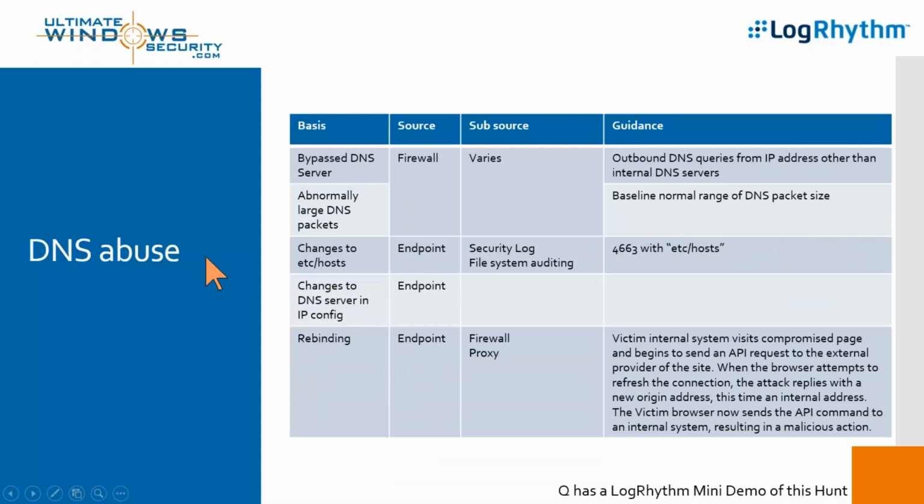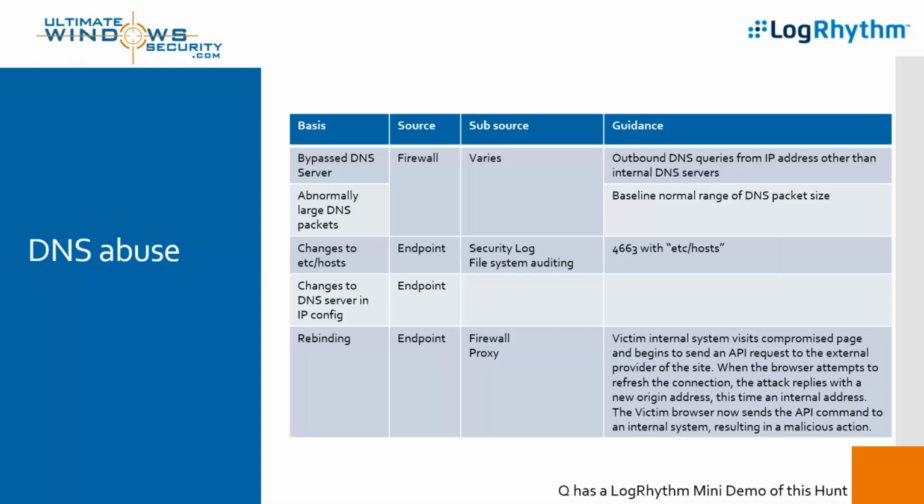DNS abuse. Now, the bad guys use DNS lots of different ways. It is one of the few protocols that we allow to go out on the internet. So one of the first things you can do is simply look for people that are using the DNS protocol as a command and control or even data exfiltration protocol.